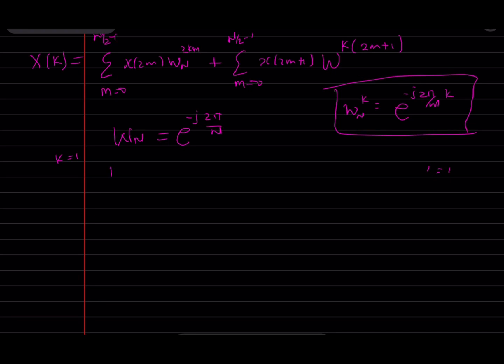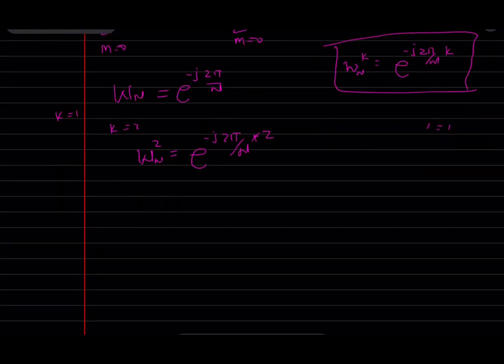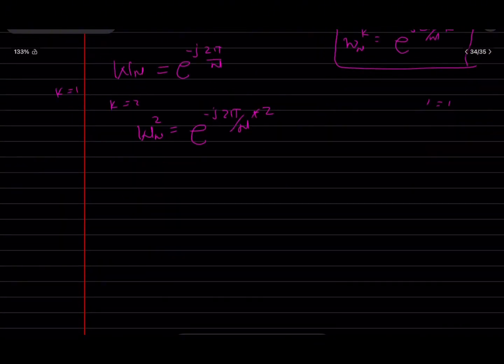So when k equal to 2, we are going to get omega n squared equal to exponent negative j 2 pi on n multiplied by 2. So multiply by 2 means that I can also write this same exponent as omega n squared equal to exponent negative j 2 pi over n over 2, right?